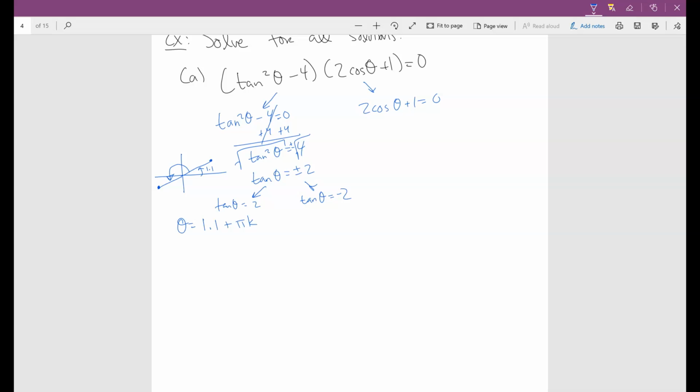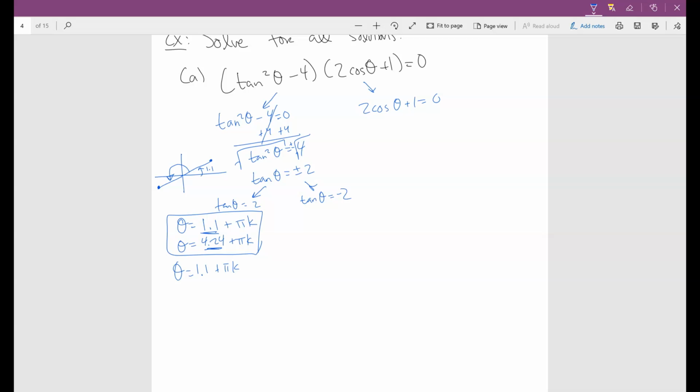The other angle would be theta equal to 1.1 plus pi, which is going to give me 4.24, plus pi k. Now again, this is kind of redundant, so you could have just left it as theta equals 1.1 plus pi k. If I had said find each individual, then it would just be 1.1 and 4.24.